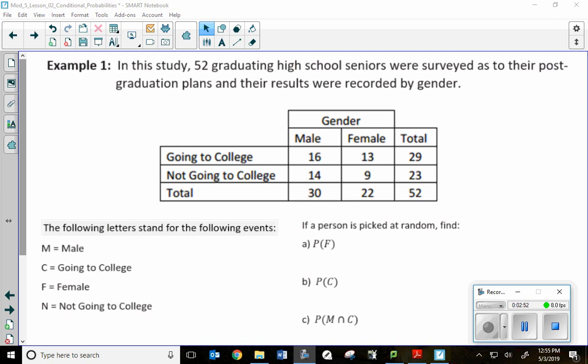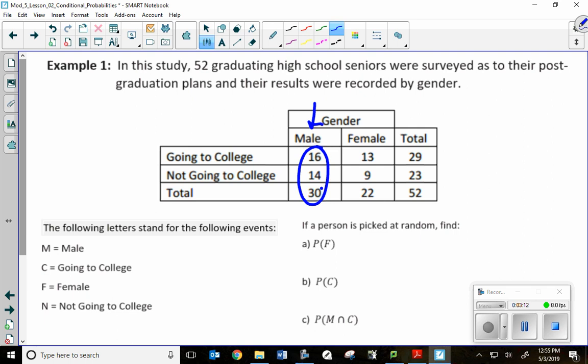So let's jump right in. Example 1. In this study, 52 graduating high school seniors were surveyed as to their post-graduation plans, and their results were recorded by gender. Looking at this table, here are all the males, a total of 30. Here are all the females, a total of 22.